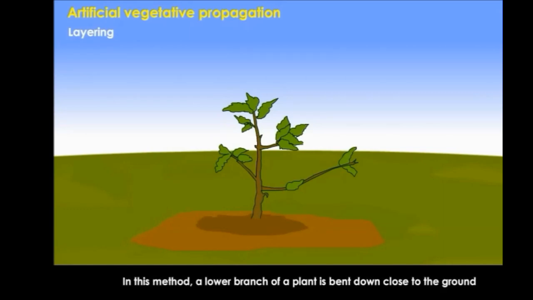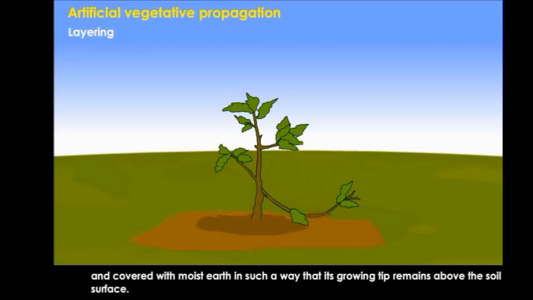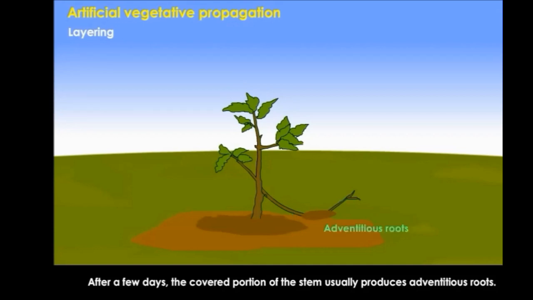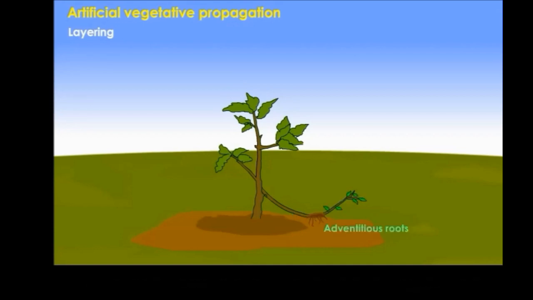Layering. In this method, a lower branch of a plant is bent down close to the ground and covered with moist earth in such a way that its growing tip remains above the soil surface. After a few days, the covered portion of the stem usually produces adventitious roots.